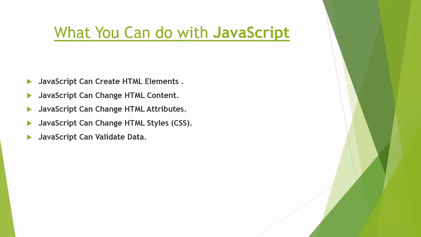Having discussed these points, instead of going theoretically, let me have one practical example which covers all these five points: how JavaScript can create HTML elements, change HTML content, change attributes, and change styles.